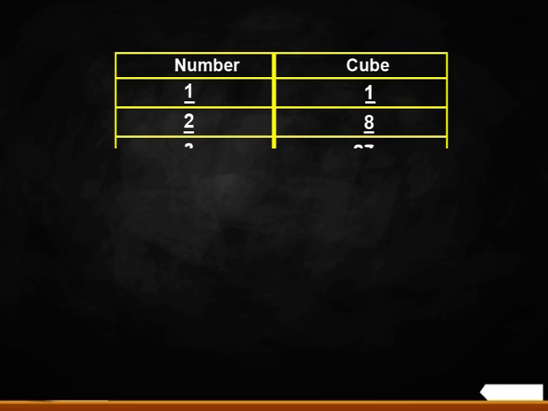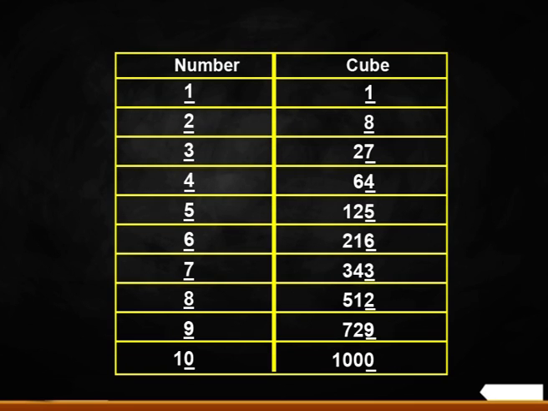You are given a list containing numbers 1 to 10 and their cubes. This list will be used to calculate cube roots of bigger numbers. And with the knowledge of these numbers, you will be able to solve cube roots of perfect cube numbers instantly. But the first and foremost thing is that you need to memorize the list.